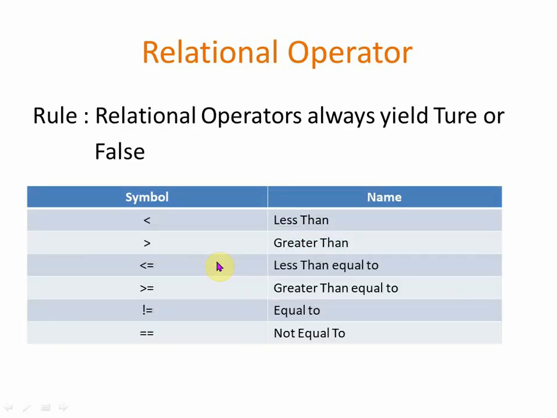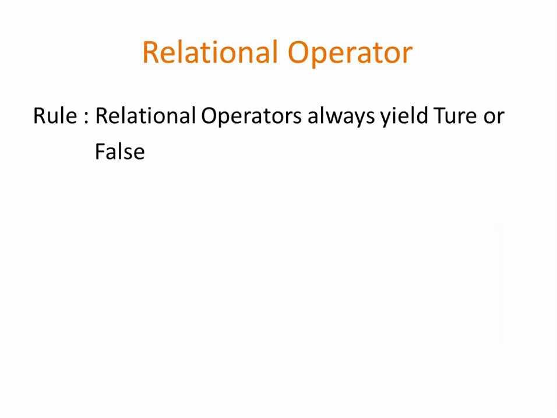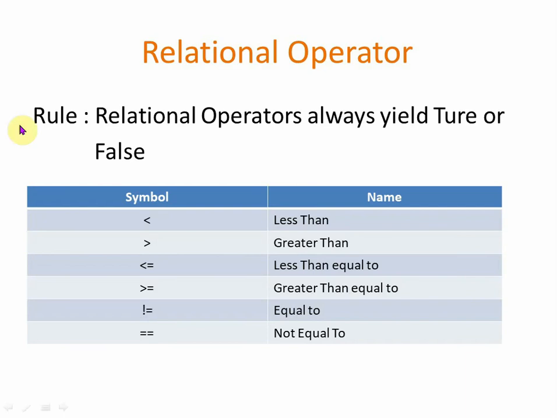Now come to relational operators. Relational operators always yield true or false values. Now let's see. These are a few relational operators: greater than, less than, greater than or equal to, less than or equal to.